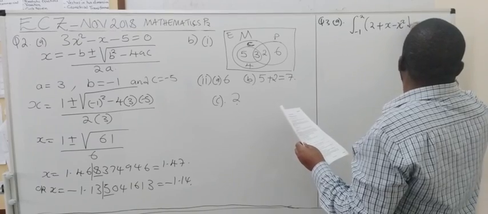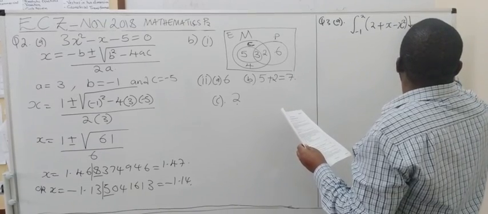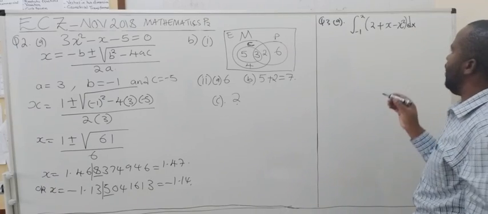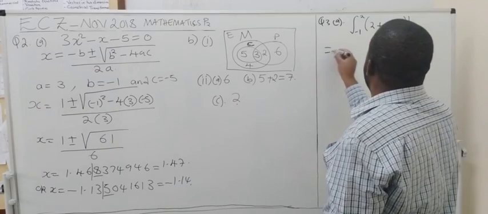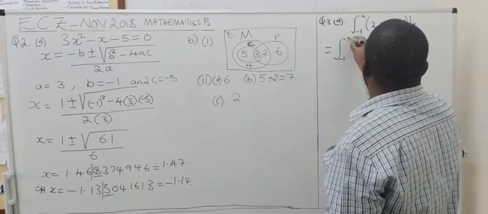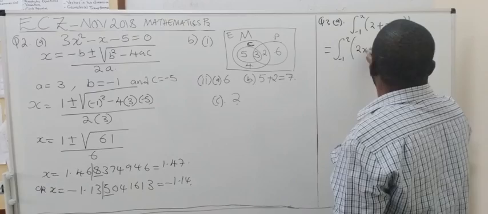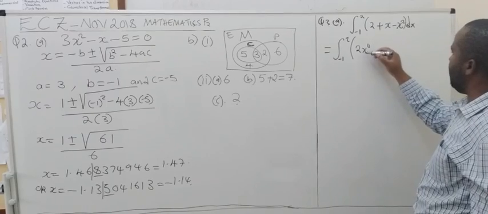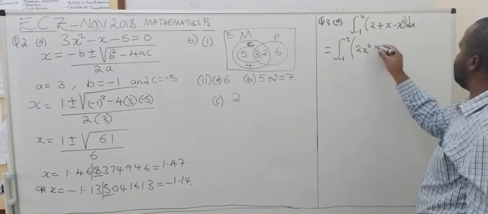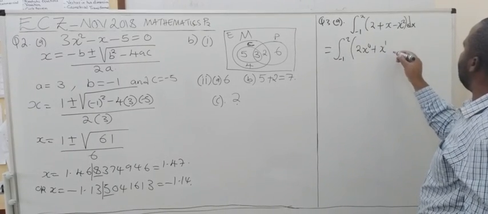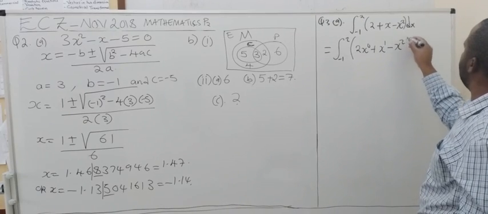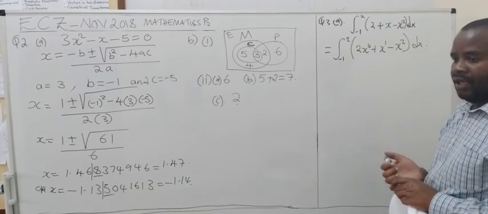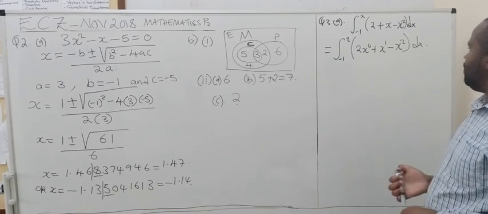You integrate this with respect to x. So if you want, you can say this is the same as the integral from -1 to 2 of 2x to the power 0, because x to the power 0 is 1, plus x to the power 1 minus x to the power 2. We are integrating everything with respect to x.